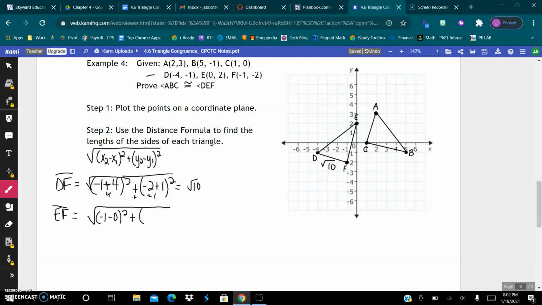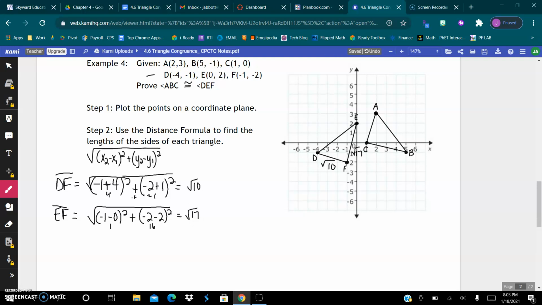And then y out of the number 2 is -2 minus y out of the first is 2, and we have to square that. So -1 minus 0 is -1, squared is 1. -2 minus 2 is -4. -4 squared is going to be 16. So add those together. I'm going to get the square root of 17. That is not going to simplify.